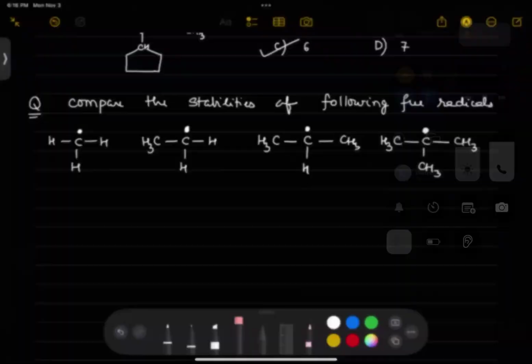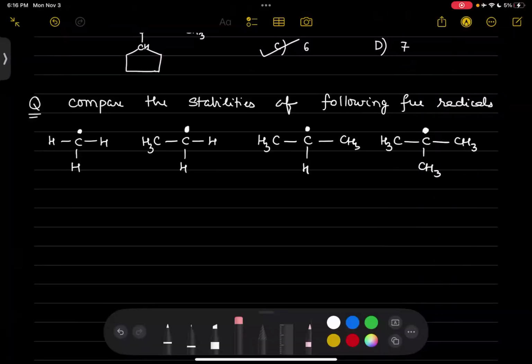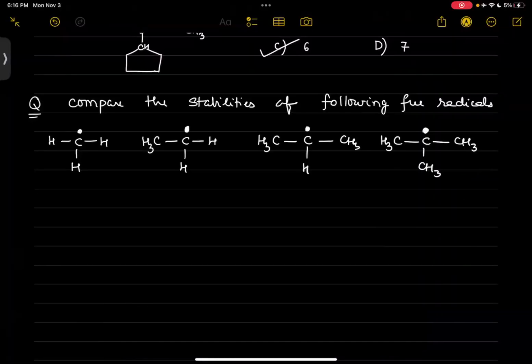And how are they formed in reactions? We will see many reactions that involve the formation of free radicals, in just the next chapter, on hydrocarbons.